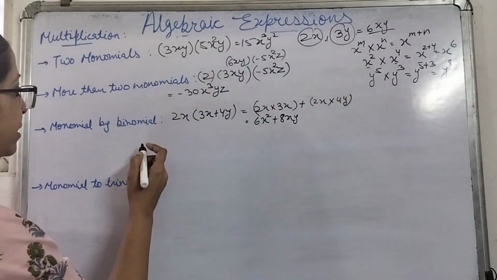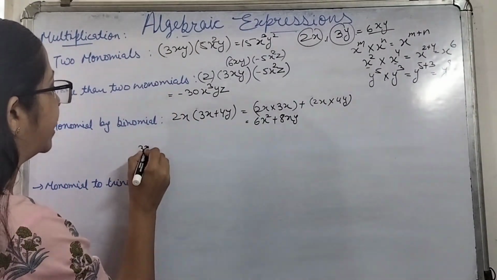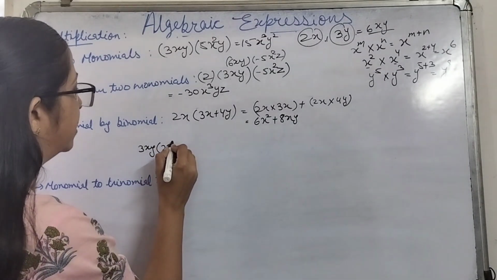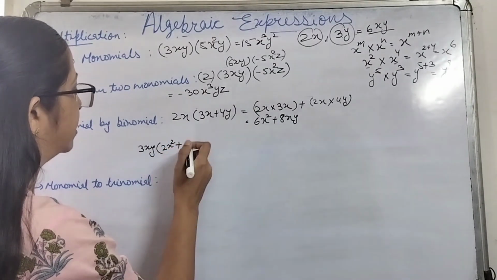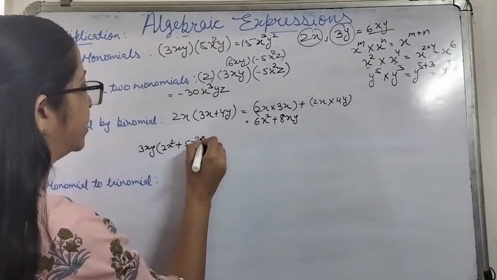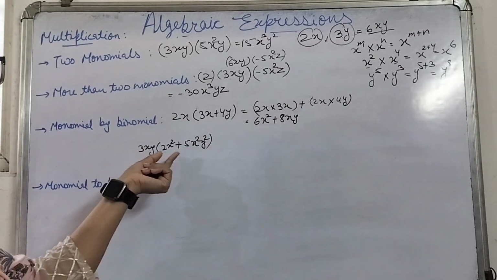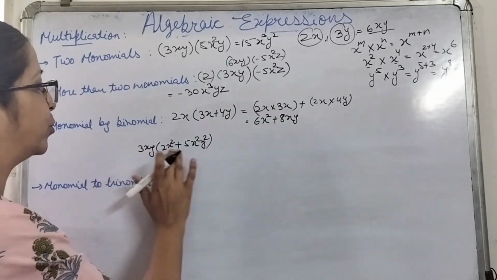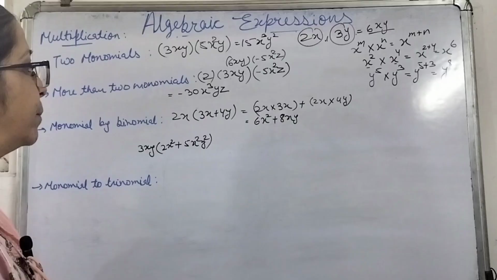Similarly, let me take another example: 3xy multiplied by 2x square plus 5x square y square. If this is a monomial and this is a binomial, again we will multiply this monomial by both terms of the binomial.